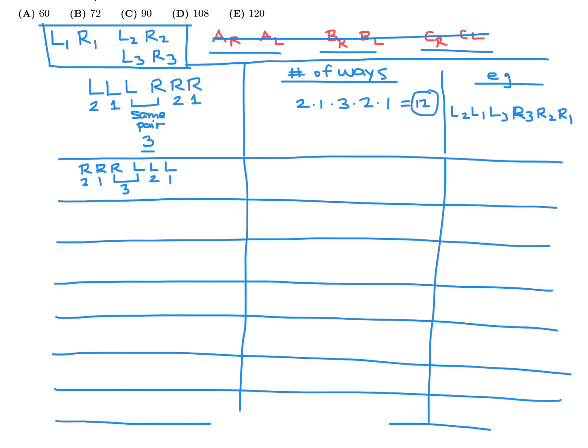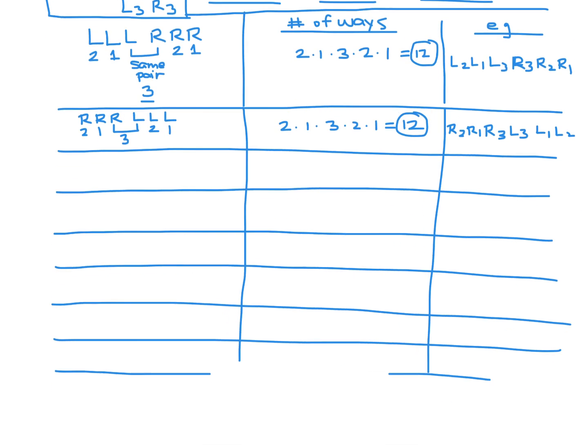So again, this is going to be 2 times 1 times 3 times 2 times 1, and that's 12. And an example of that would be, let's see, put the R3, the L3 in the middle, L1, L2 out here, R2, and R1 out there. So there you go. Okay, moving right along.